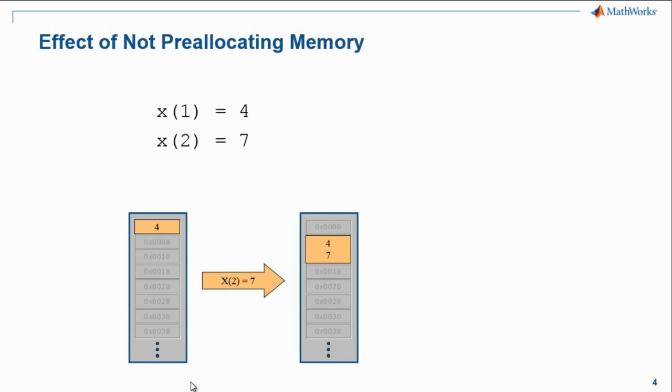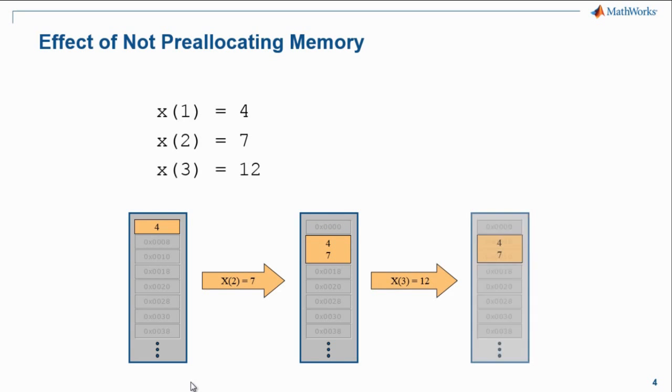If I was to then say x of 3 equals 12, it needs to copy the 4 and the 7, insert the 12, and clear out the old 4 and 7. So for a little 3x1 example like this, that's no big deal, but I'm doing this on a matrix that's 3000 by 3000 elements, which means that on the 2999th iteration, it's copying a 2999 by 3000 array. And this starts to take a lot of time.